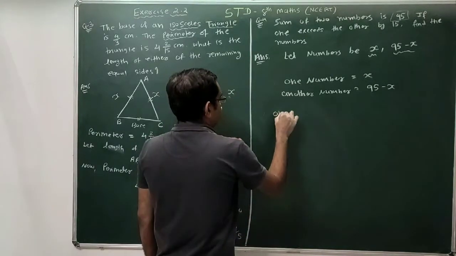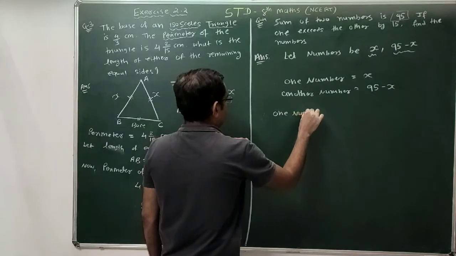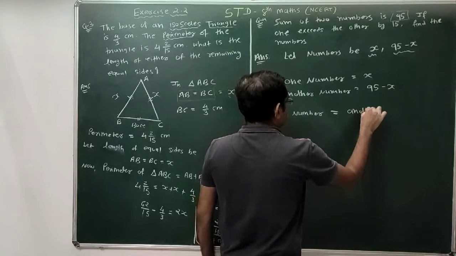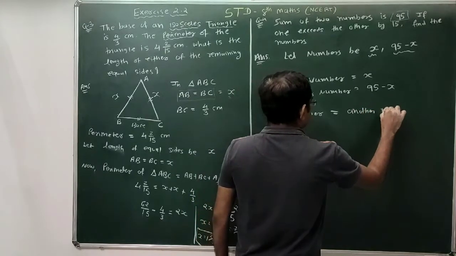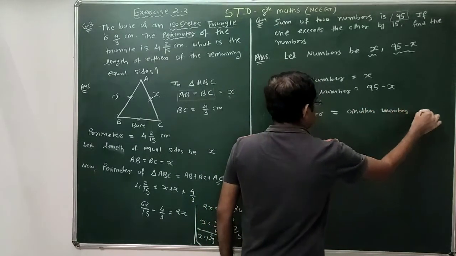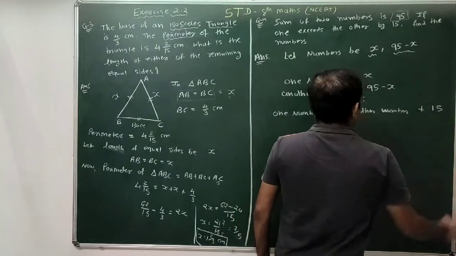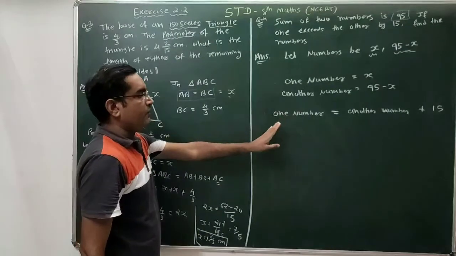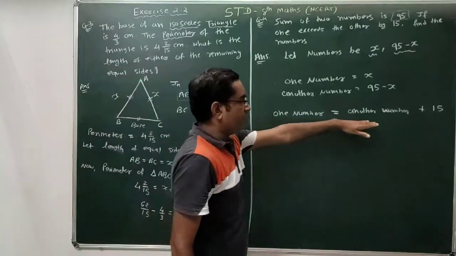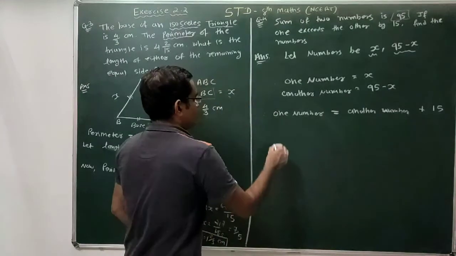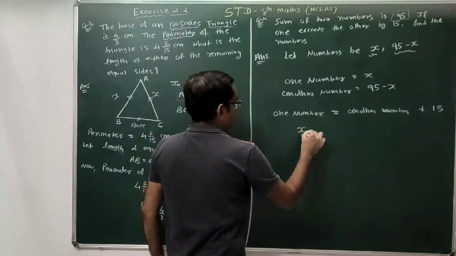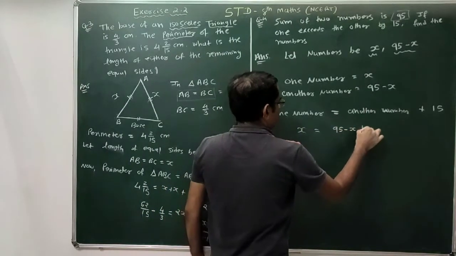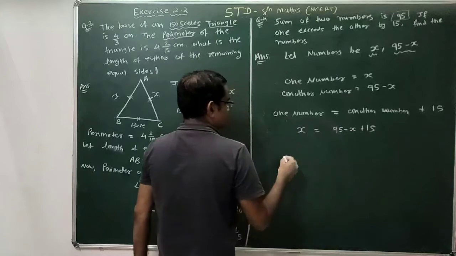Done? So we can write like this. One number will be equal to another number if we add 15 in another number. Here one number x exceeds another number by 15. Here 15 is more. That's why we have to add 15 in this number. So what is one number which is x, equal to another number 95 minus x plus 15.